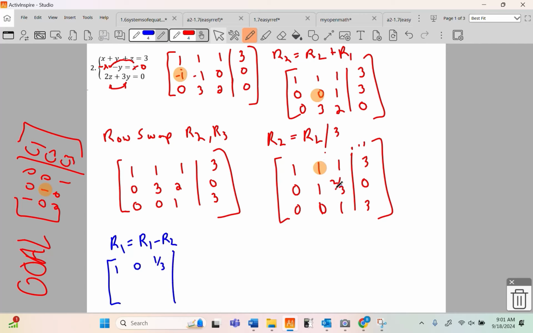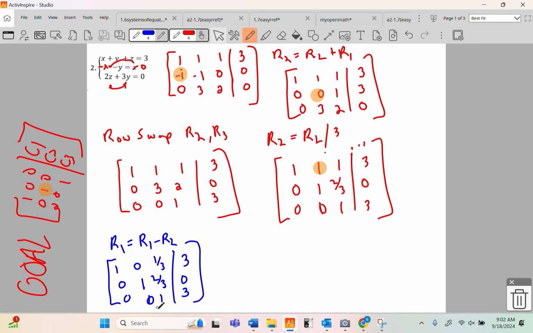Push buttons if you got to. 3 minus a 0 is a 3. And I'm getting somewhere. I am. I'm getting there.